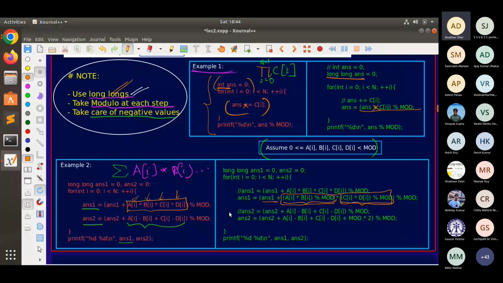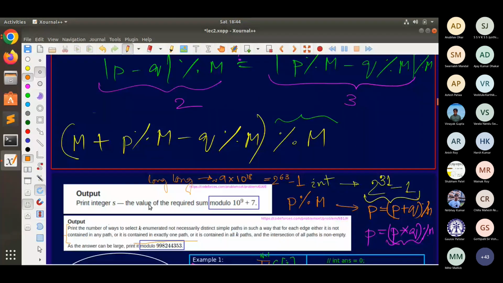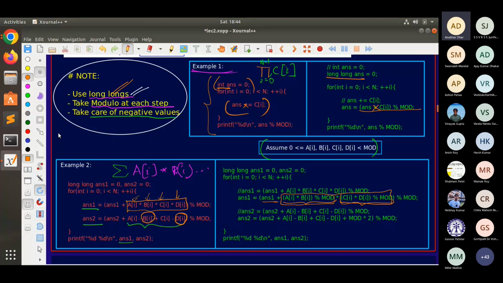Similarly, over here, you can see that there are two sources of negative numbers, right? As I talked about earlier, you need to add n. So since there are two sources of negative numbers, your entire sum can get as low as -2 into (mod - 1).